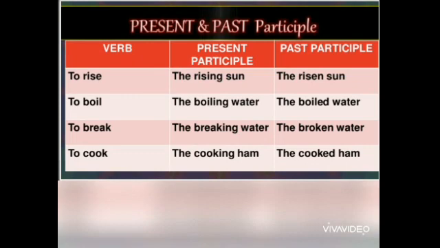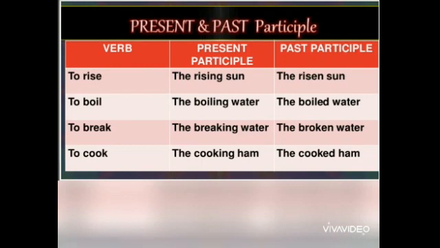Example, the verb is to rise, and the present participle will be the rising sun and the past participle will be the risen sun. To boil, the boiling water is a present participle. The boiled water is the past participle.